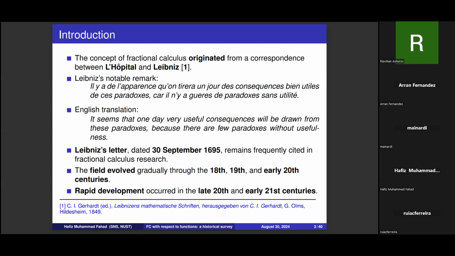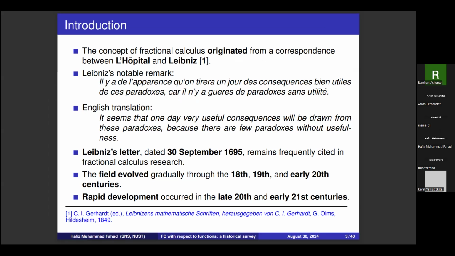The field of fractional calculus evolved gradually through the 18th, 19th, and early 20th centuries, but it was not until the late 20th and early 21st centuries that rapid development took place, leading to the rich and diverse field we see today.